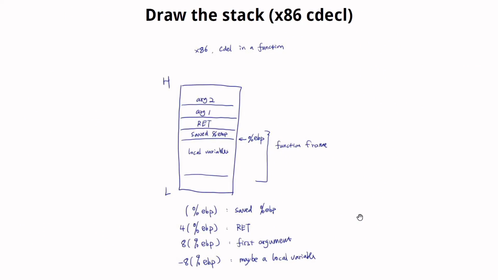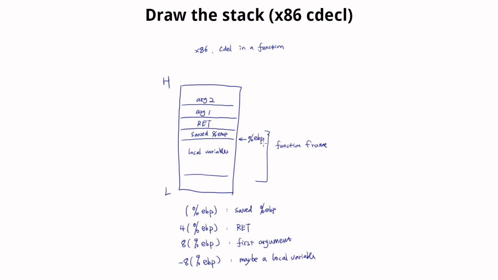So this is what the stack looks like. I drew this myself. When a function is executing, the EBP, this also applies to the 64-bit version, it just changes everything to 64-bit registers.